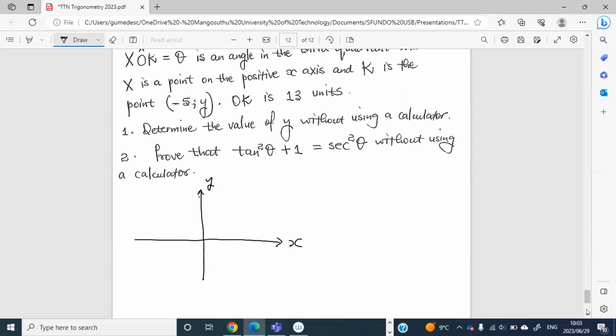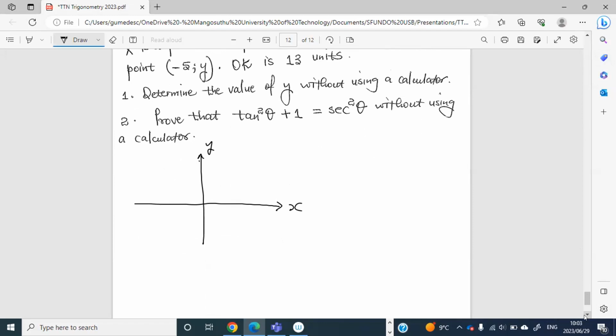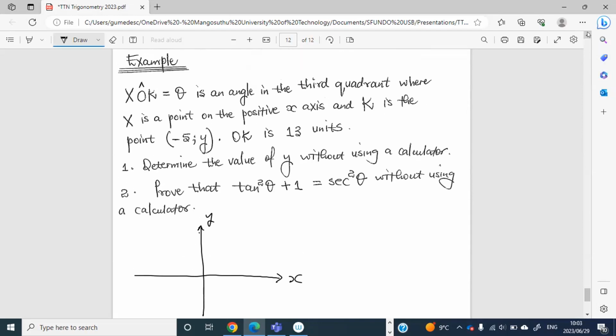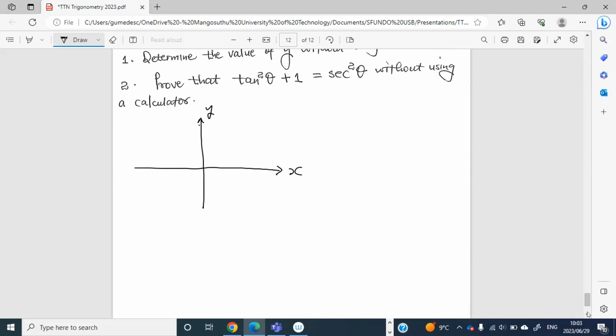Just to draw this, I'll put a point K here, the point (-5, y), on the third quadrant. So a point K should be here, right?